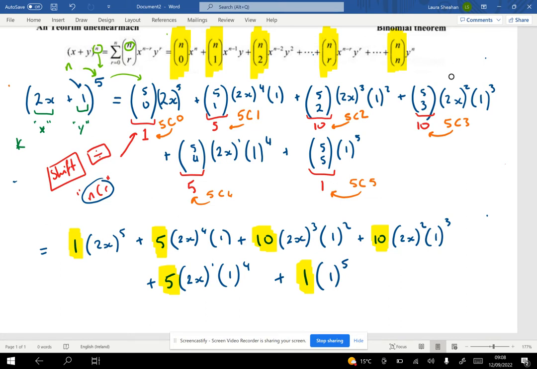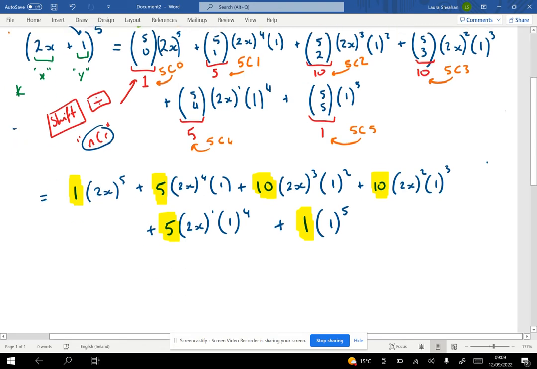So in the first one, it doesn't exist, and you can see that from here. Then we have y to the power of 1, 2, 3, 4, and eventually up to the power of 5, the highest power. So the x term starts at a power of 5 and works all the way down. The second term starts at a power of 0 and works up to a power of 5.